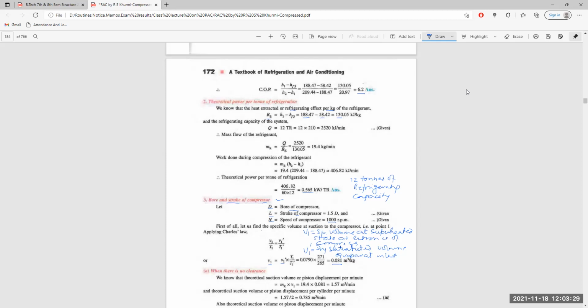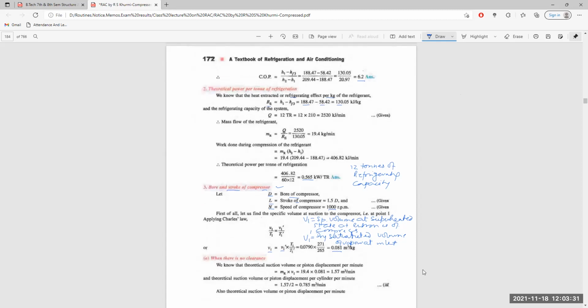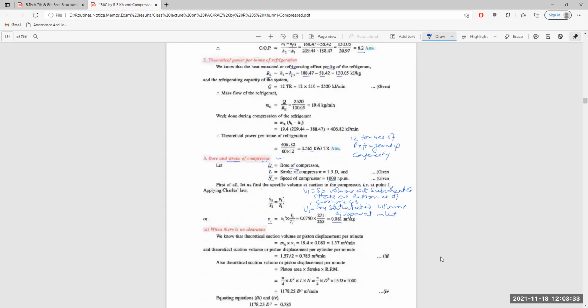When there is no clearance, the theoretical suction volume of the piston per minute will be equal to the mass flow of the refrigerant multiplied by the specific volume. The mass flow is calculated, multiplied by the specific volume at the entrance of the compressor, which is given as 1.57 cubic meter per minute.